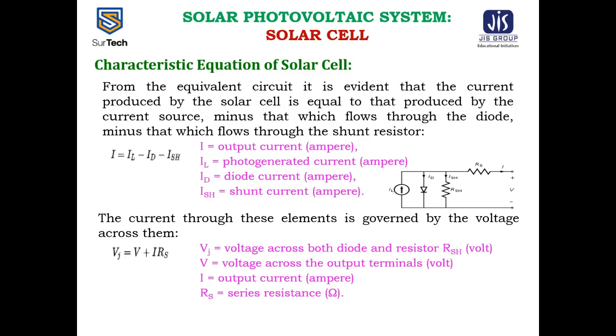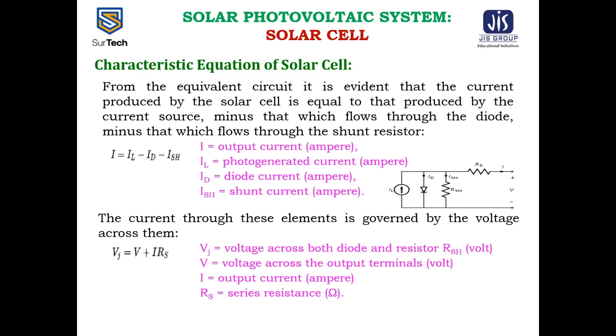From the equivalent circuit, it is evident that the current produced by the solar cell is equal to that produced by the current source minus that which flows through the diode minus that which flows through the shunt resistor. This is the equivalent circuit. This is the load current.